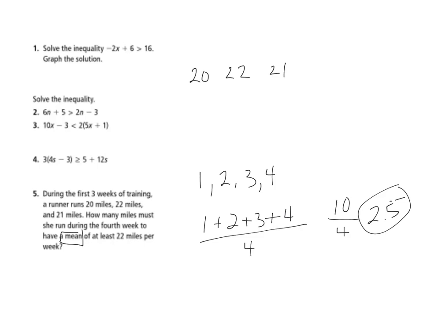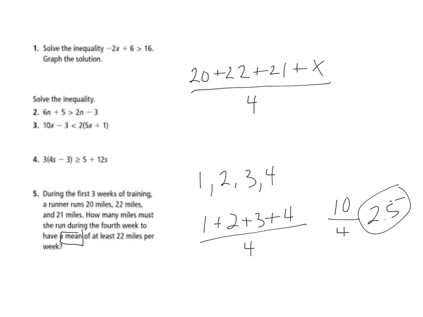So I've got 20 plus 22 plus 21 plus some number. I'm going to call that x. And we're going to divide that by how many inputs we have. So if you look, our inputs are 1, 2, 3, and 4. We're going to be dividing by 4. And we need our answer to be, what did they say here?